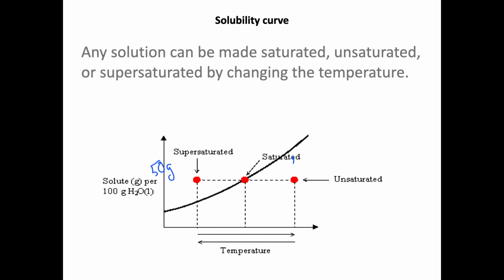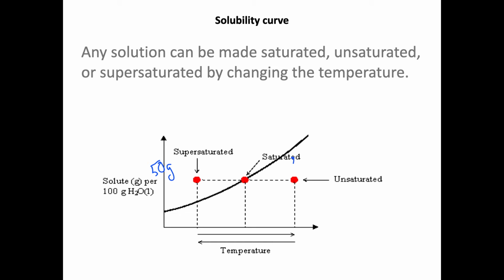So we have 50 grams of salt, and at whatever temperature this is, I can dissolve 50 grams. But as I cool it down, the salt reaches the saturation point where you can no longer hold any of the salt in solution. Then any further cooling, it becomes supersaturated. So this is something you'd want to let sit and not disturb.